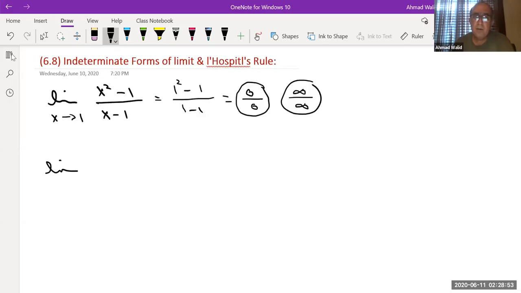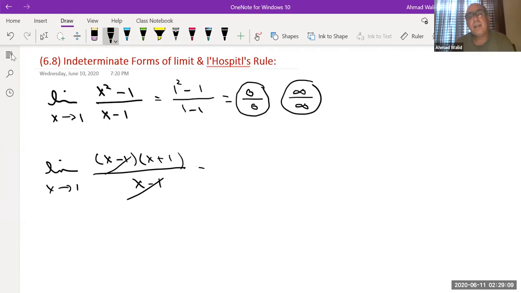The limit of, you can factor the top as x minus 1 times x plus 1 over x minus 1 as x approaches 1. Now here you cancel, correct? And you end up with the limit of x plus 1 as x approaches 1, which gives you 2, correct?